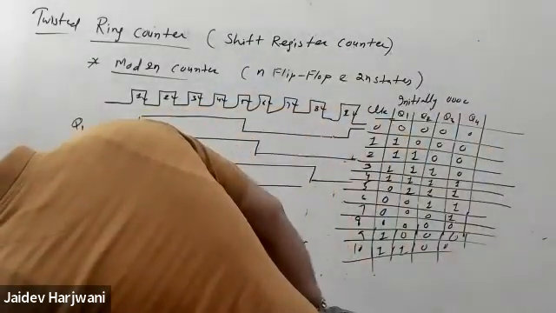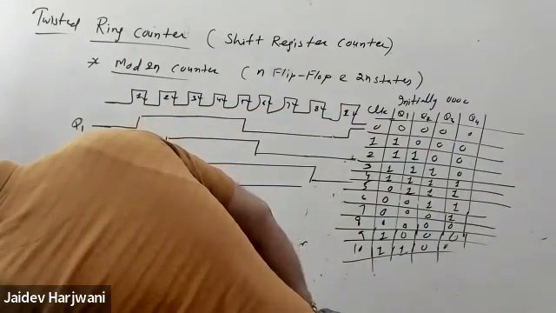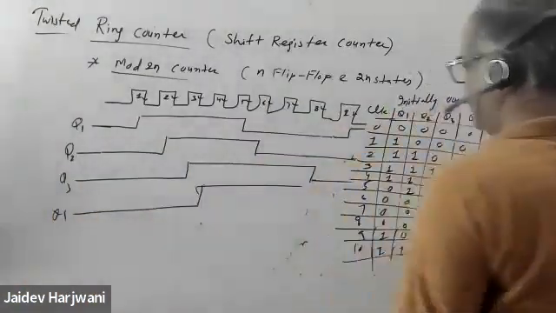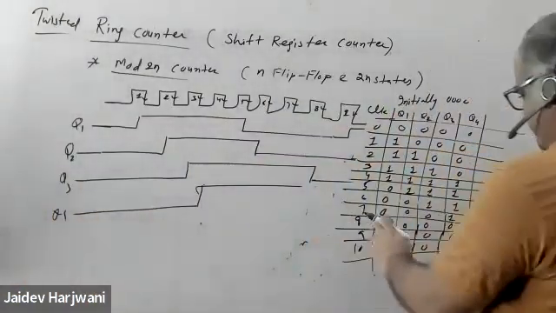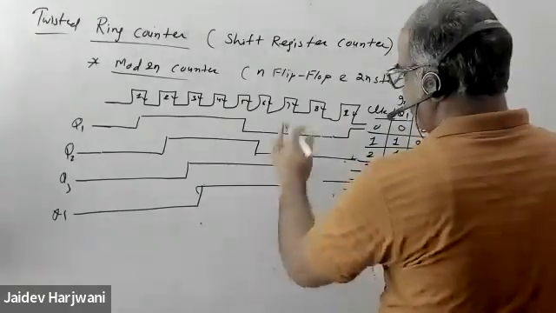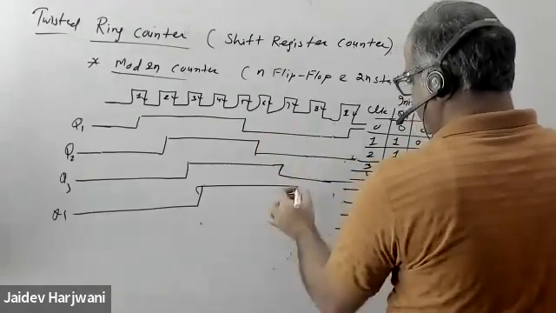This is your 1, 2, 3, 4, 5, 6, 7, 8. So Q3, where does it come down? Q3 comes down at 7, and this comes down at 8.